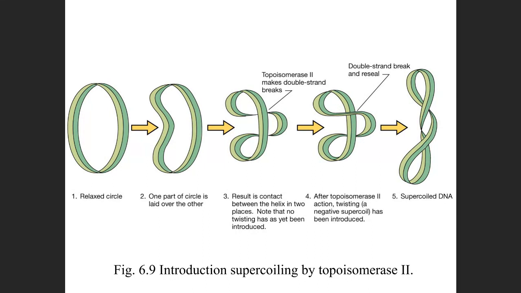Then it forms a double-stranded break and reseals, and that also forms supercoiling. Okay, so I hope that addressed your question about the single-stranded break and double-strand break. They are carried out by different enzymes. So topoisomerase 2 does the double-stranded break.